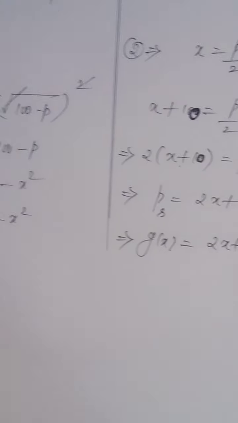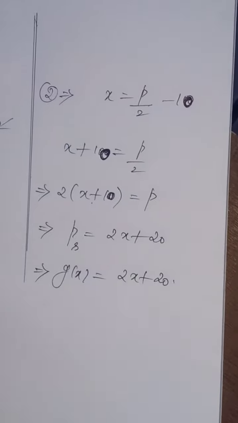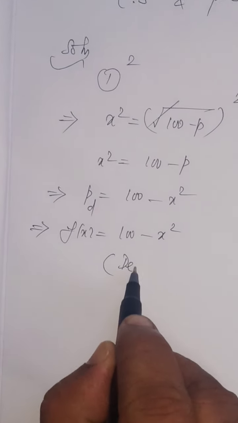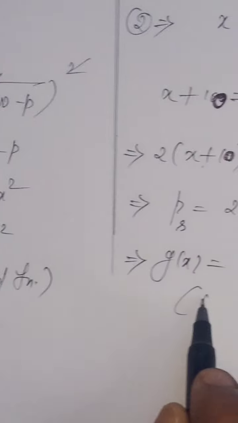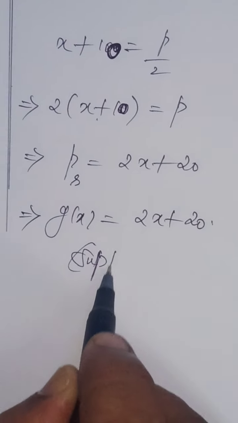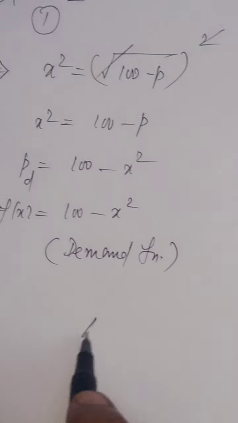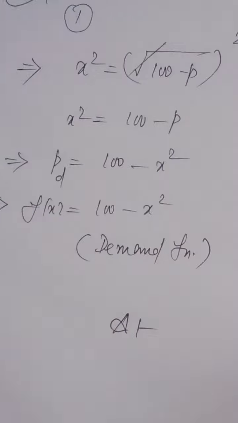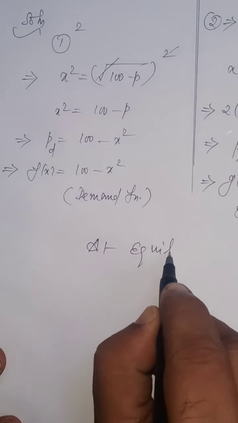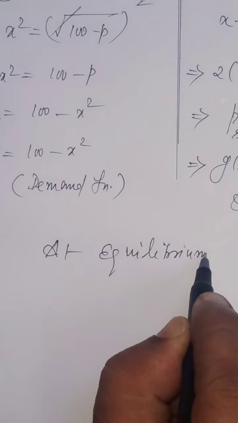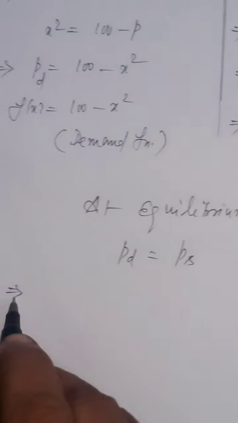So we have a demand function and a supply function. For your reference, I write here the demand function, and this one is the supply function. If you are given the demand and the supply function, you write at equilibrium PD equals PS.